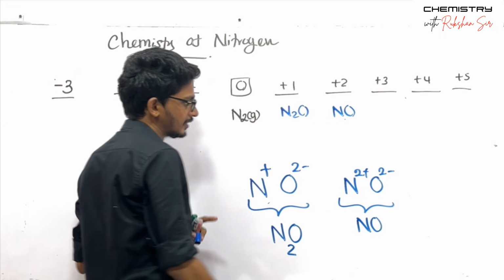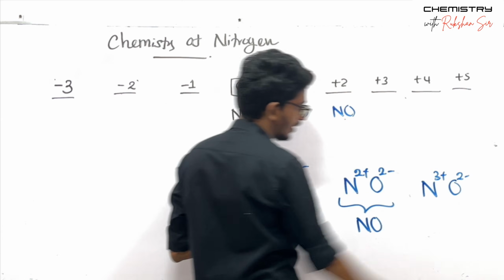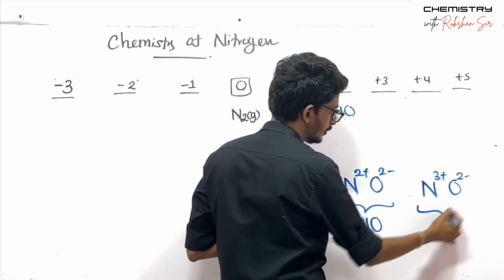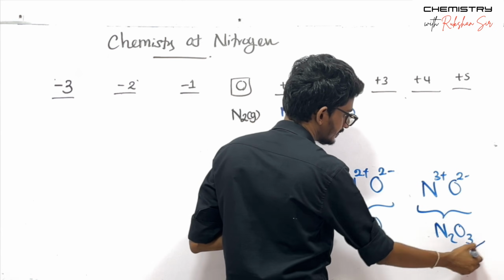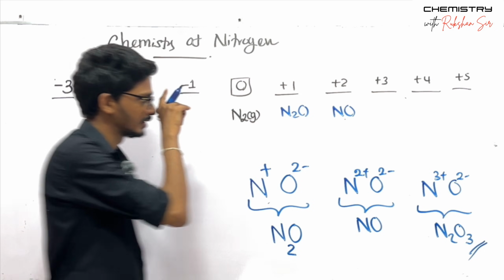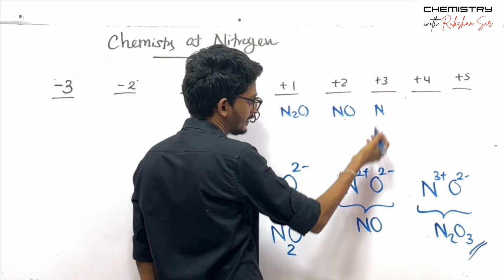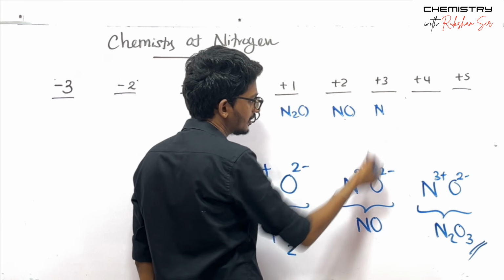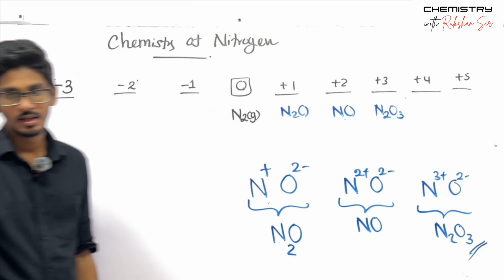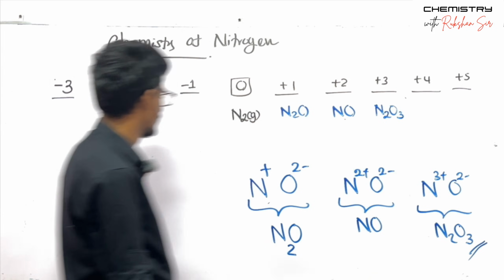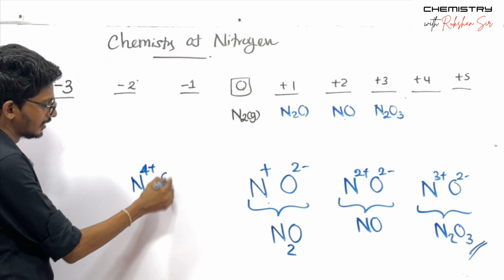What about the +3 oxide? N3 plus and oxide means O2 minus. The exchange of valencies gives you 2 here and 3 there: N2O3. So that is a +3 oxide. So you can come up with the oxides as examples for all the positive oxidation states. Now +4: N4 plus and O2 minus.